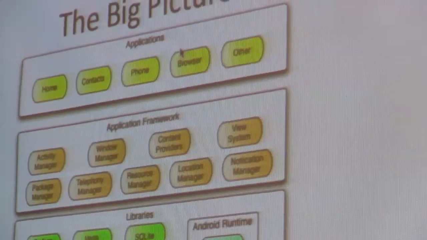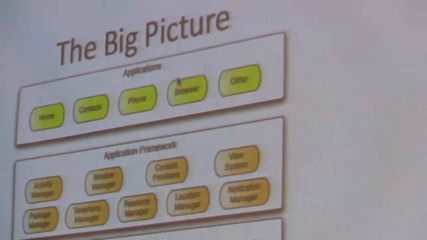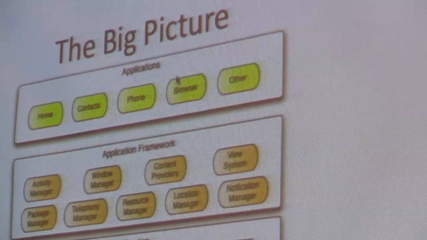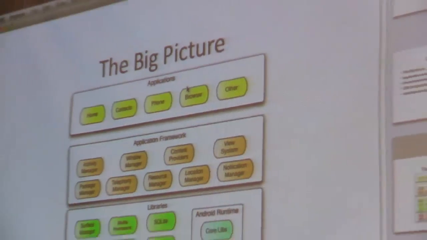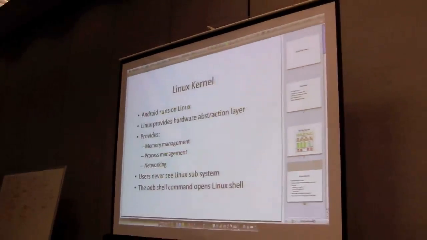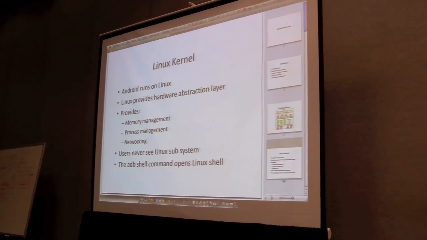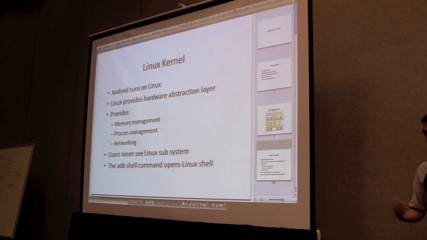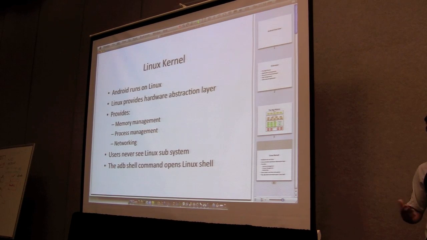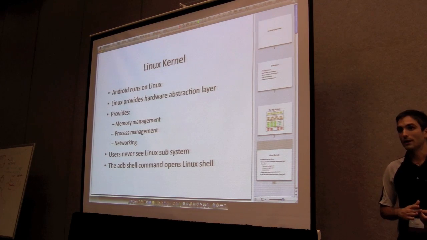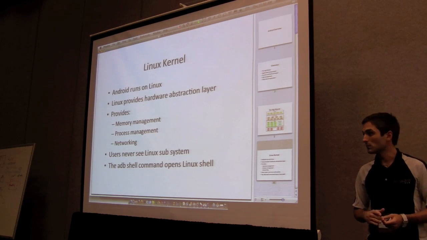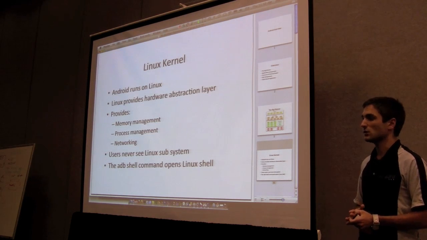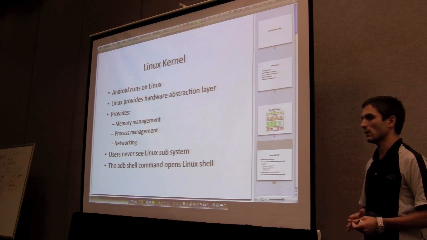So I'm going to go through each part of the stack, starting at the bottom, and just do a couple of main points about it, and then we'll warm up that way. So basically, the Linux kernel is the lowest level, so Android runs on Linux, essentially compiles against a Linux library, right? So if you have a libc, it's actually not a libc, it's their version of it.